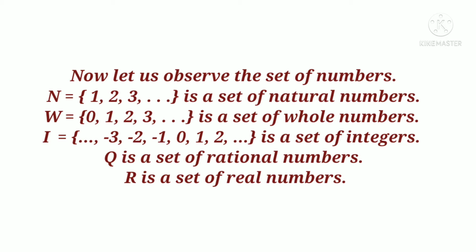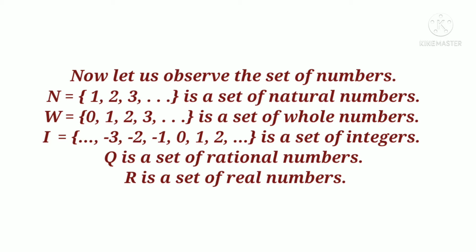Now, let us observe the sets of numbers. N is equal to {1, 2, 3, and so on}, the set of natural numbers. W is equal to {0, 1, 2, 3, and so on}, the set of whole numbers.